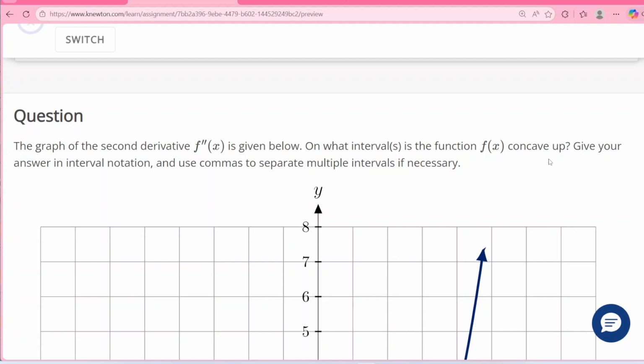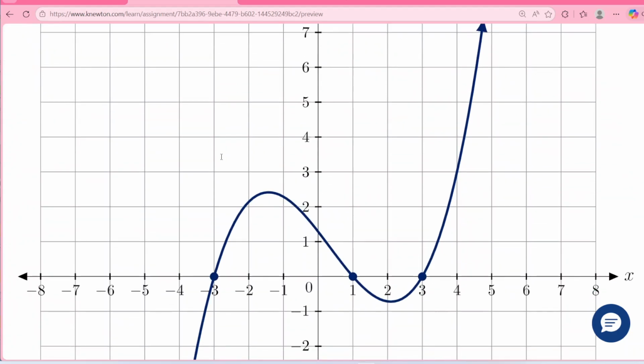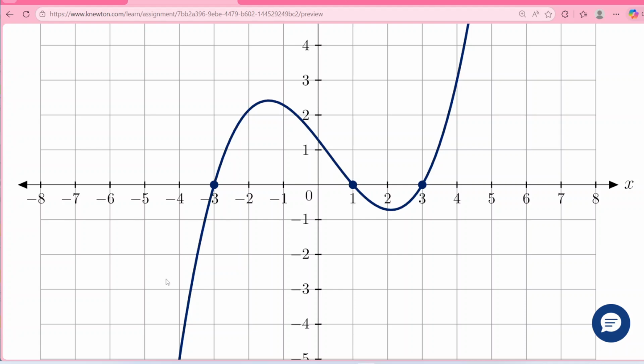So again, where the original function would be concave up is where the second derivative has positive value. So if you look here, you see to the left of -3, the second derivative is below the x-axis, has negative value. So not up to -3. Now between -3 and 1, the second derivative, this f double prime graph, has positive value.